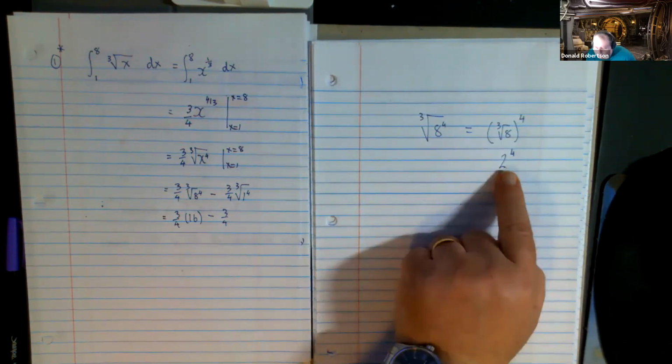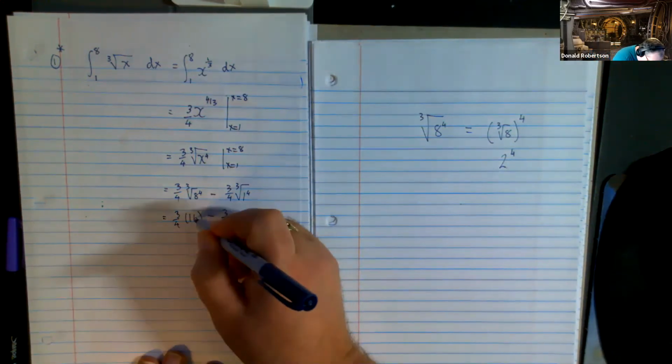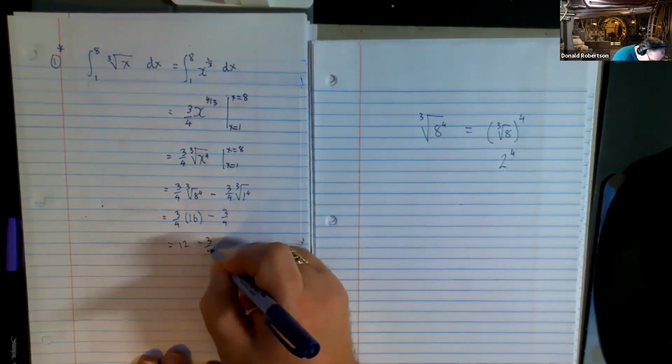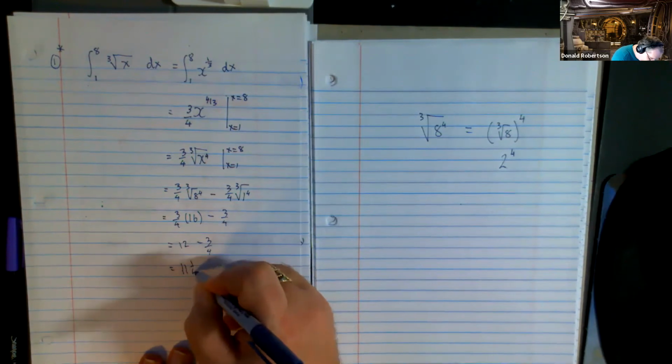So that's just a little trick of the trade when you've got really awkward cube roots or square roots. Sometimes it's better to do the square root or cube root bit first and then cube the answer or whatever. Now this guy here, I believe, gets you 12. Take away 3/4. This is 11 1/4, which is not the right answer.